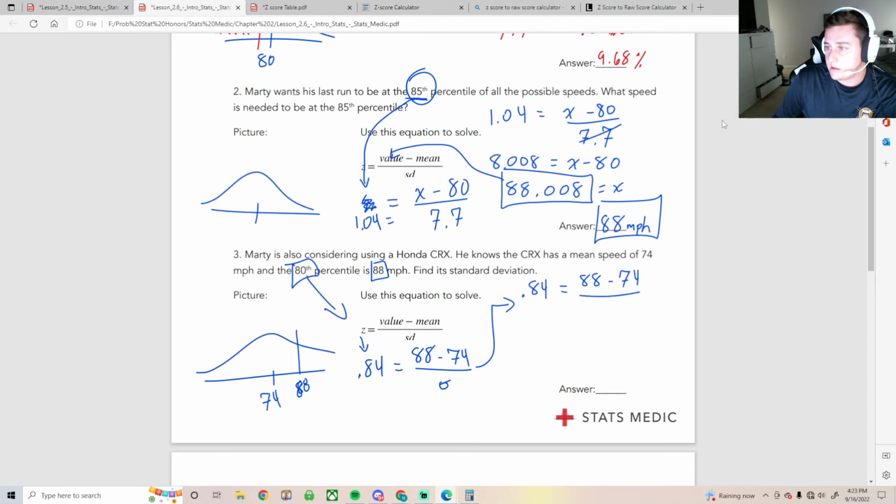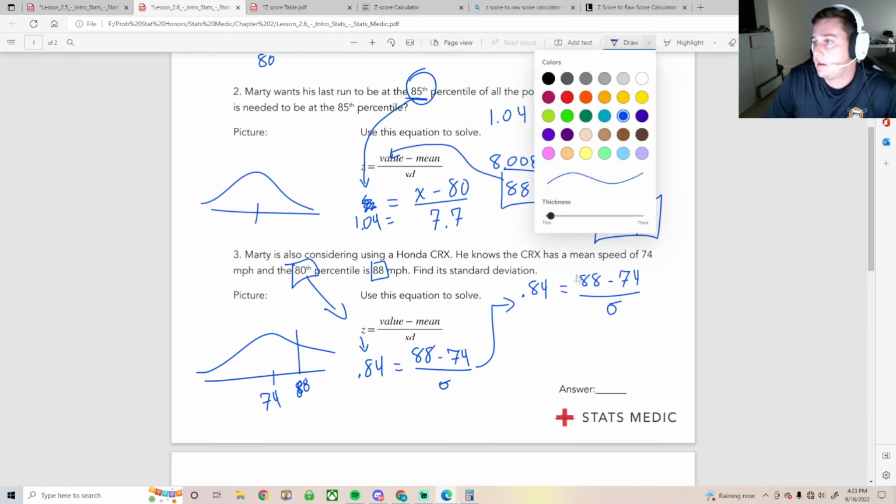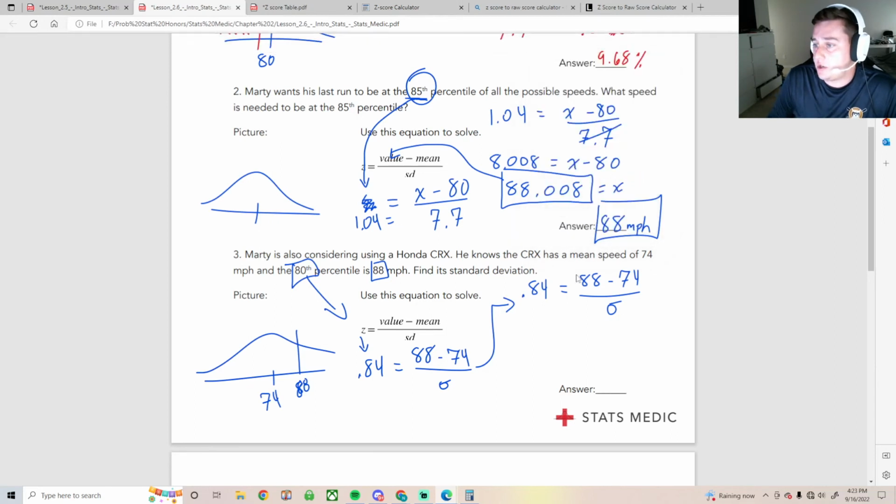Let's rewrite this nice and neat. This is a trick from Algebra 1. You can rearrange formulas. In this case, the formula for standard deviation, you actually can just switch the z-score and the standard deviation. You just swap places with them in the equation.